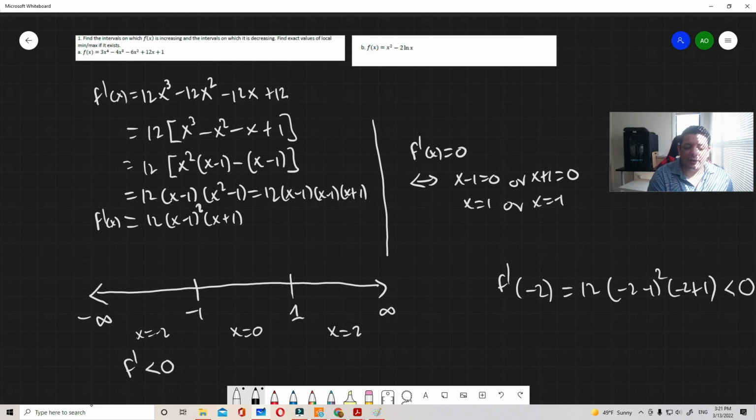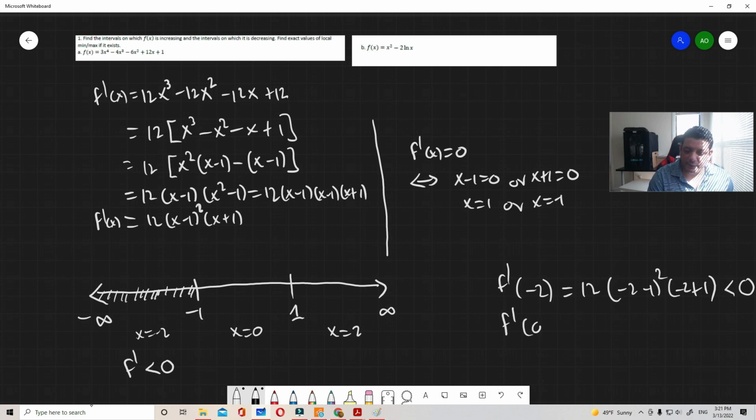Notice that I can generalize the idea that in all this interval f prime is less than 0, because I don't have any other critical point, and the critical points are going to be places where there's a change between the signs, right? This is f prime less than 0. I don't have any further 0 down here, so this is not going to change to positive suddenly.